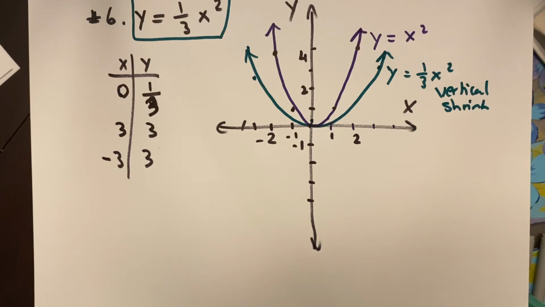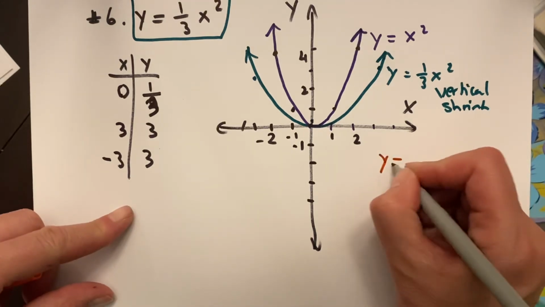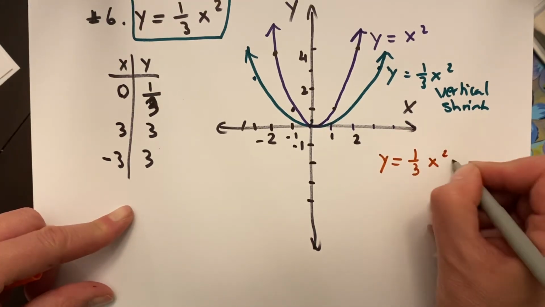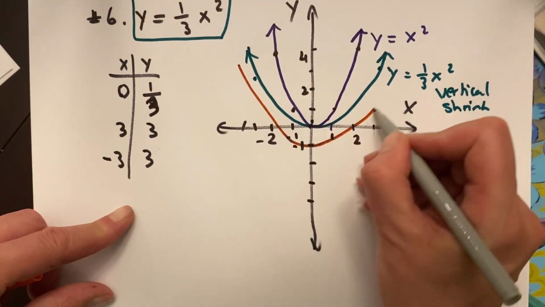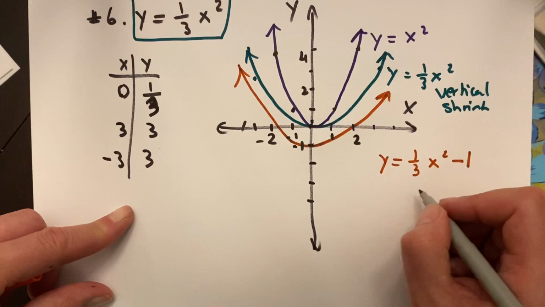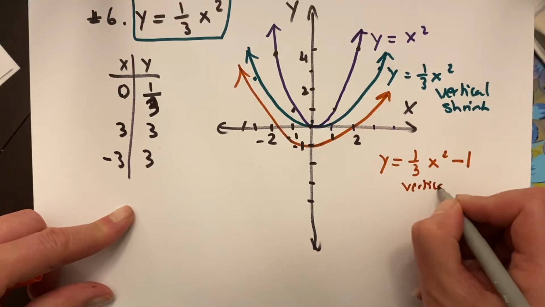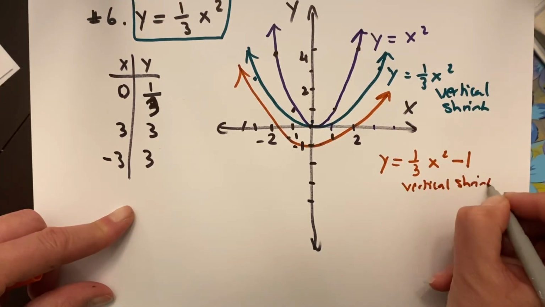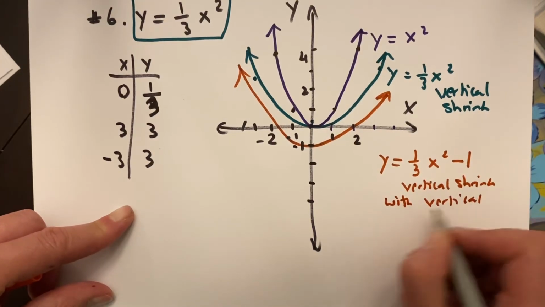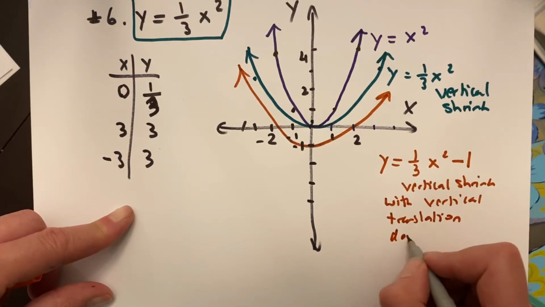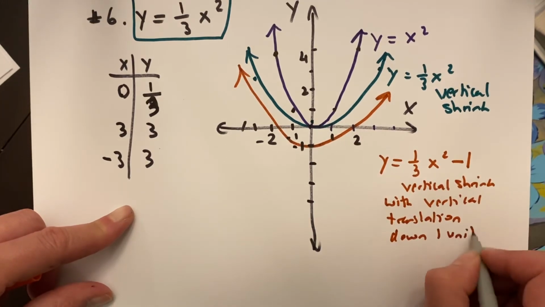Now, if I decided to do the same function, but y equals 1/3 x squared minus 1, it would be the same exact shape as this one, vertical shrink with vertical translation down 1 unit.